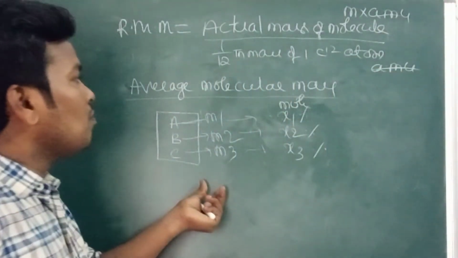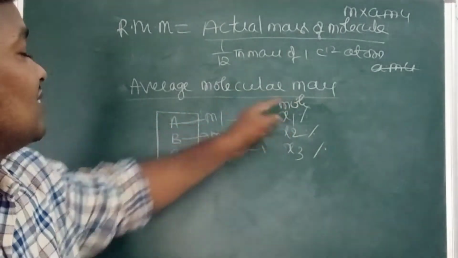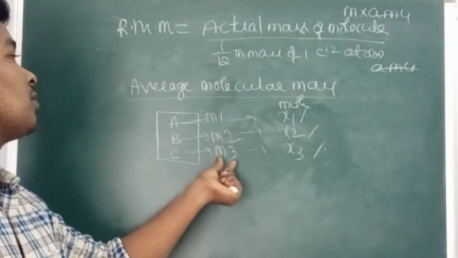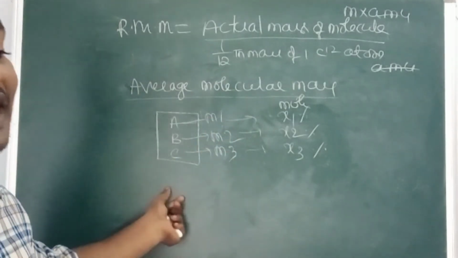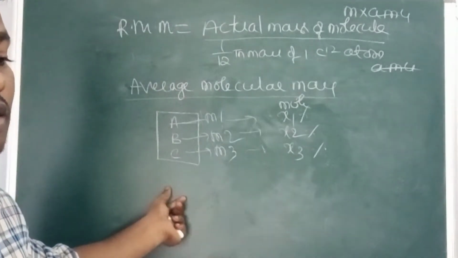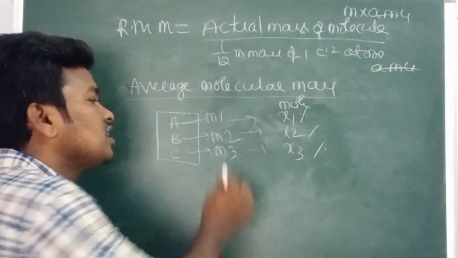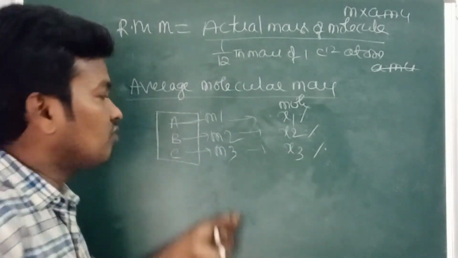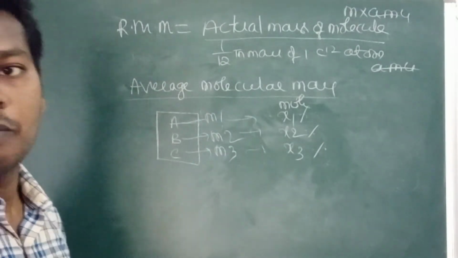Now I want the molecular mass. The average molecular mass is the average of the masses of all the molecules present in a given mixture, M1, M2, M3. The average of all the molecules present in the sample is what is called the average molecular mass.